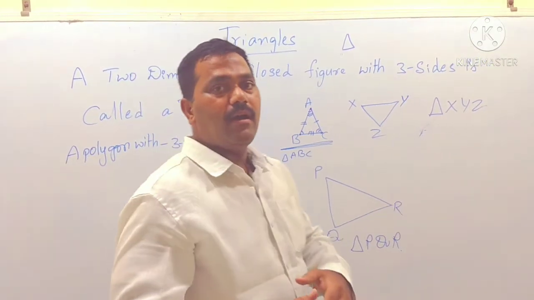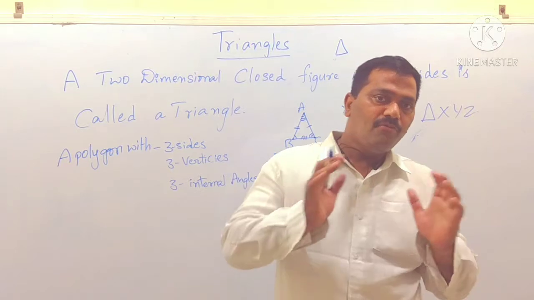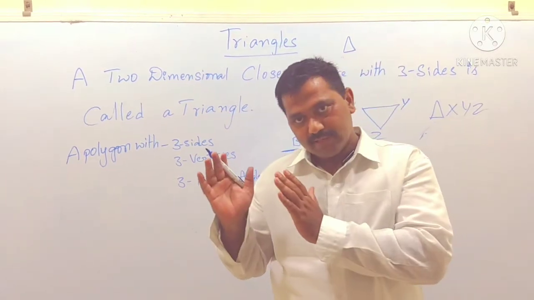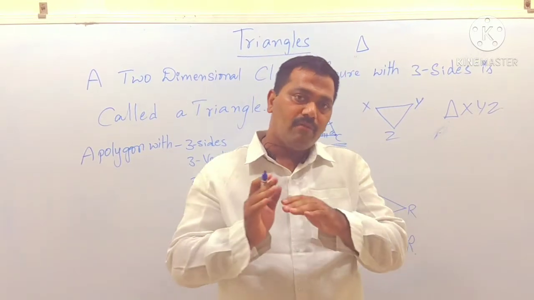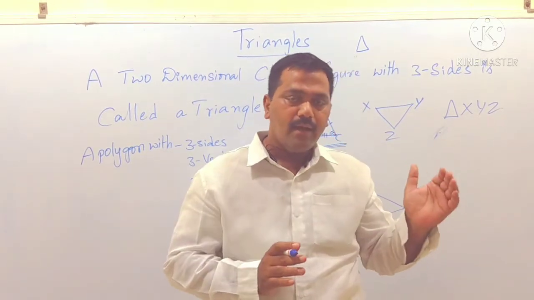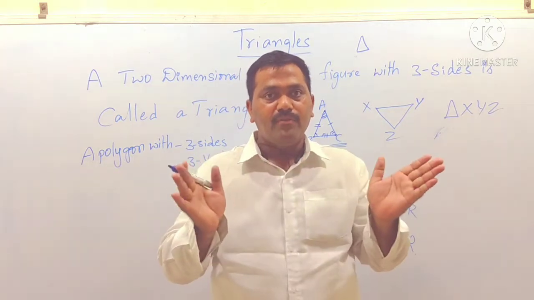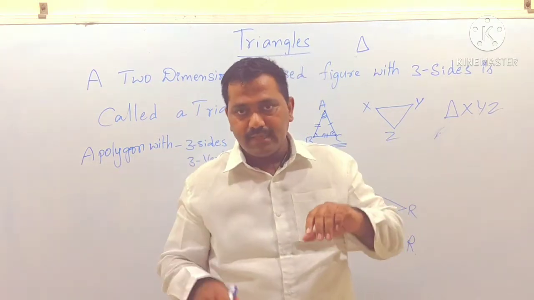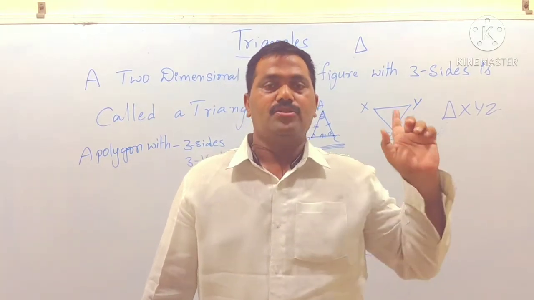Next, coming to the different types of triangles. With the help of sides, or length of the sides. Next, with the help of the angles, or internal angles. We can divide them on the basis of the length of the sides and on the basis of the angles of the triangle.